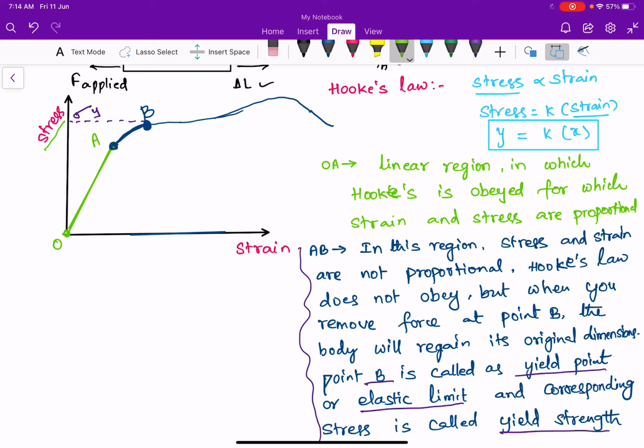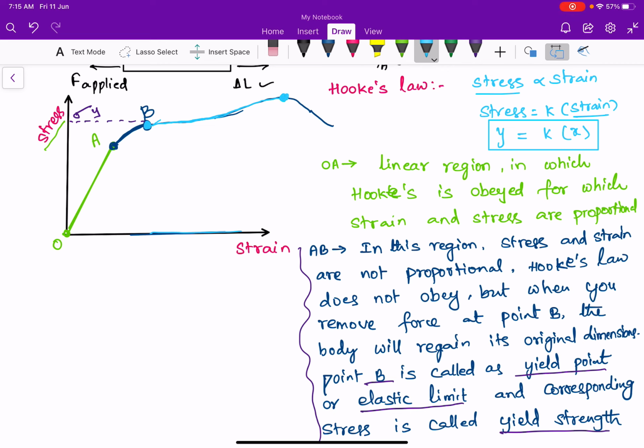Now, when the applied force increases gradually beyond point B, for a small increase in stress, the strain will be more. The strain is taken on the x-axis.